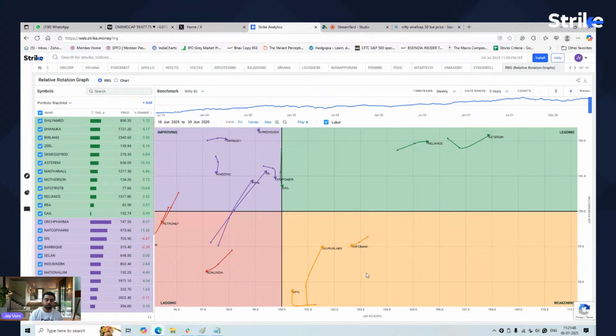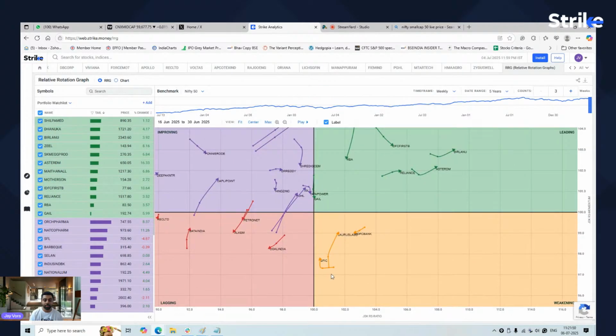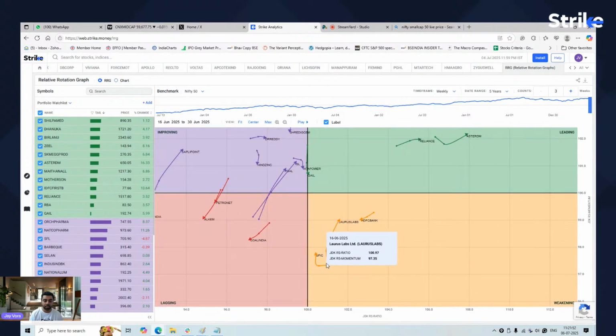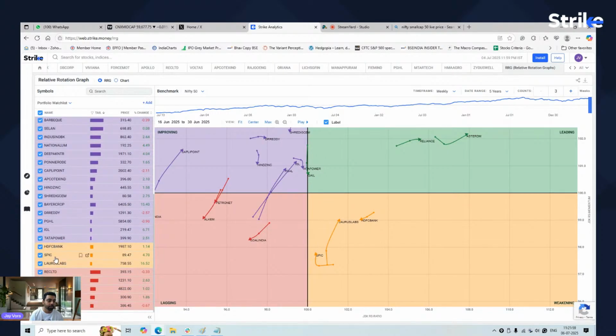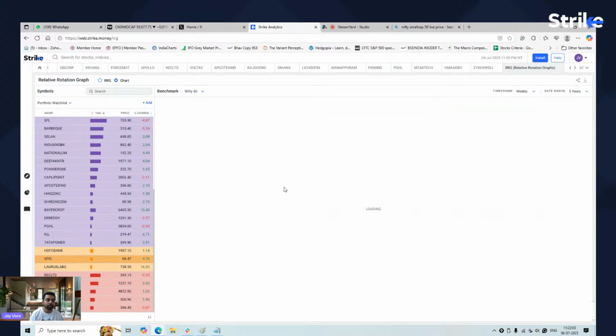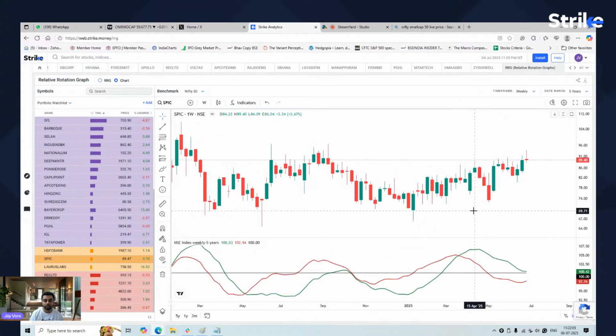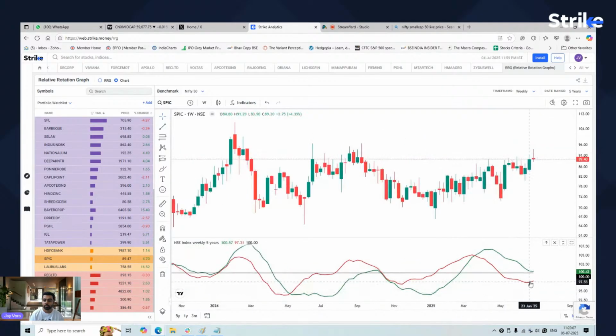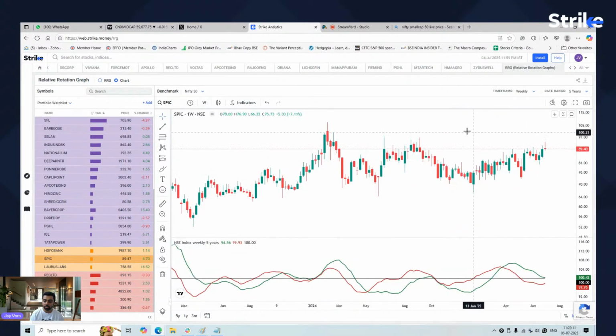And supposing I want to do something, now see, I can see that SPIC is sort of turning around, right? So I might want to then see the chart, what is happening. I can see that the momentum has bottomed out over here and it is turning around.